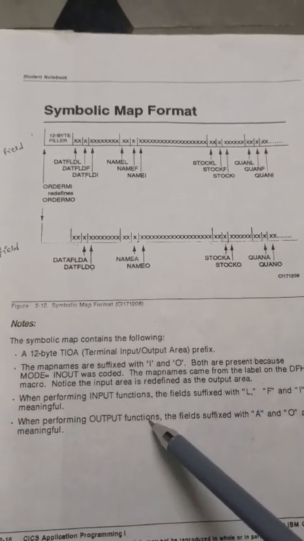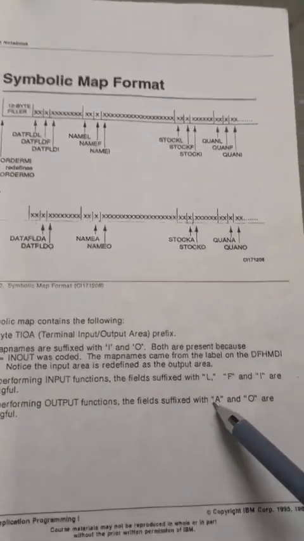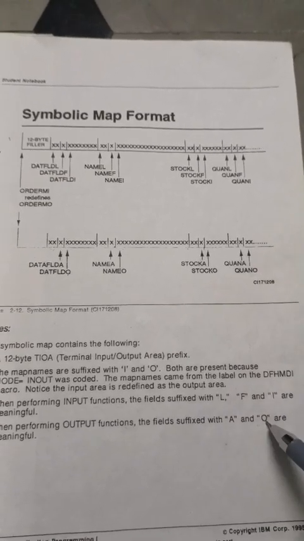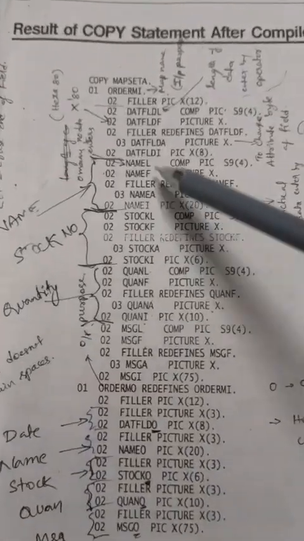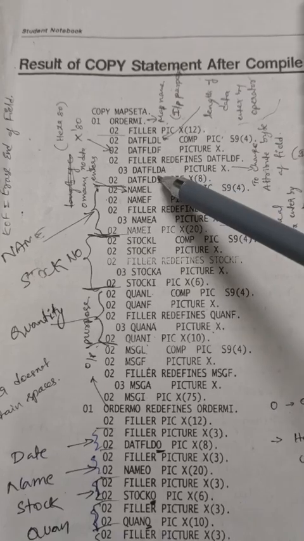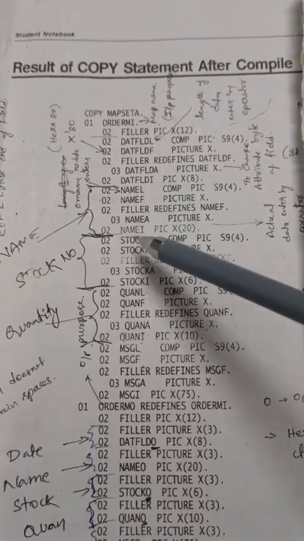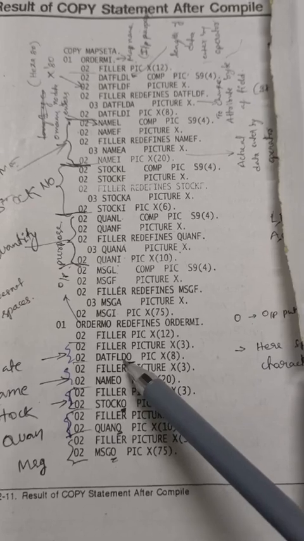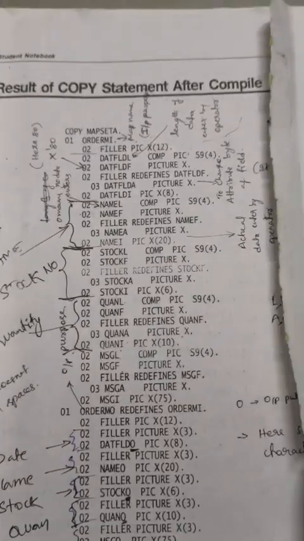When performing output functions, we have to use the A and O fields, the attribute field and the output field. What are the output fields? These two fields are the output function fields.